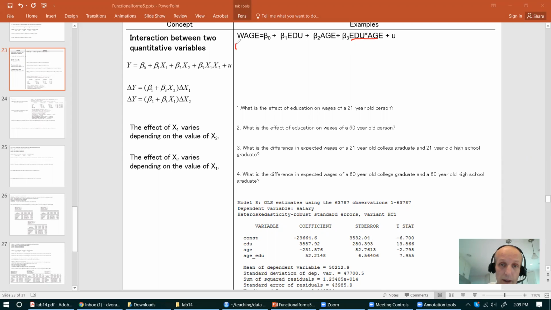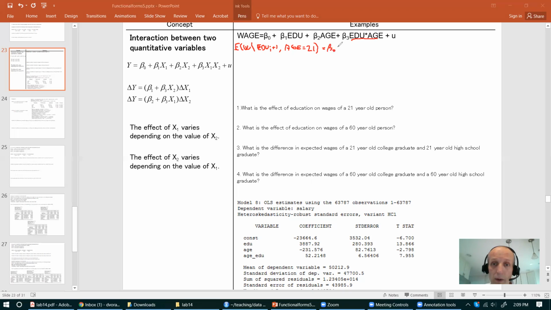So I'm going to see if I can write down the expected wage given that I have education edu i plus 1 and age equals 21. So what is the expected wage of someone who's got education edu i plus 1 and is 21 years old? What is that in terms of the betas?